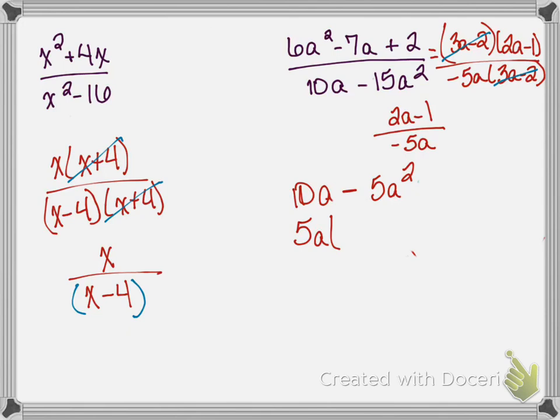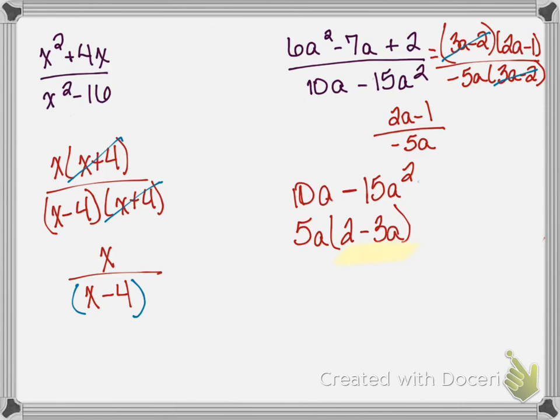So if I took a 5a out, then I would be left with 2 minus, did I erase too much of something? You erased the 1. Oh, okay, thank you. So then I would be left with 5a times 2 minus 3a. Now, this is typically the point where students say, well, that seems a little backwards. That's typically the point that students say that. Okay?